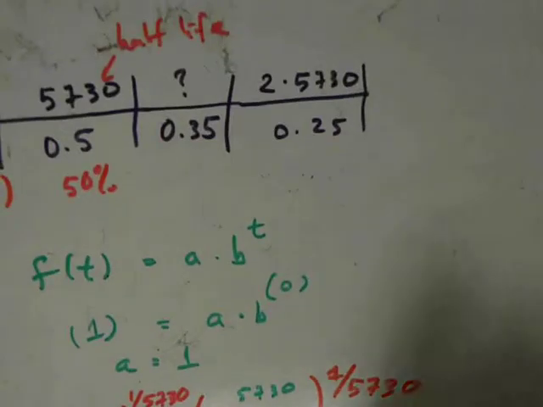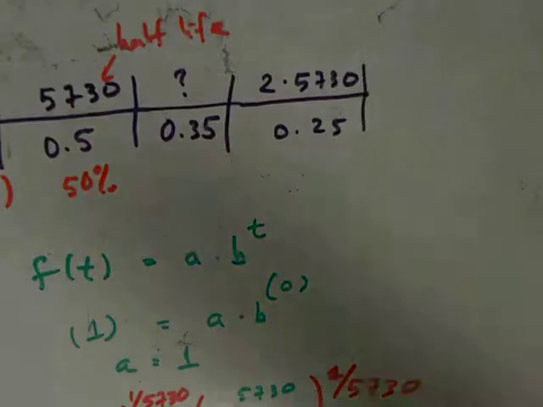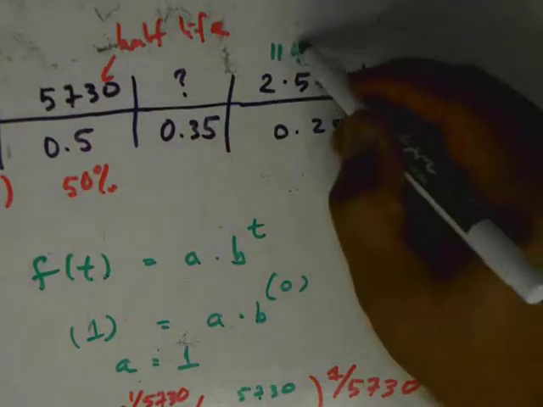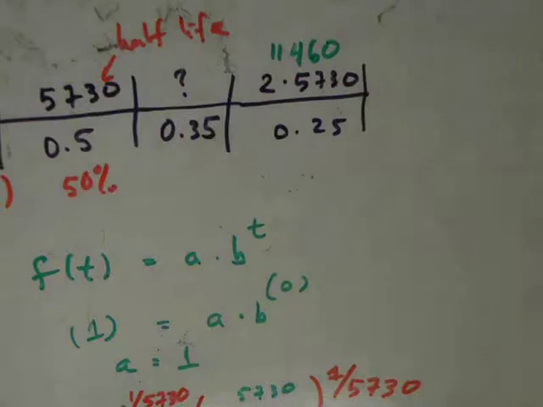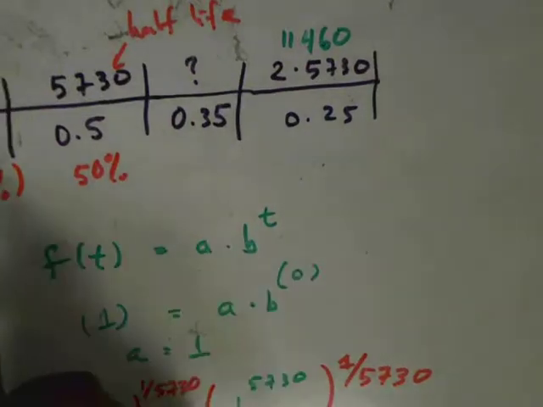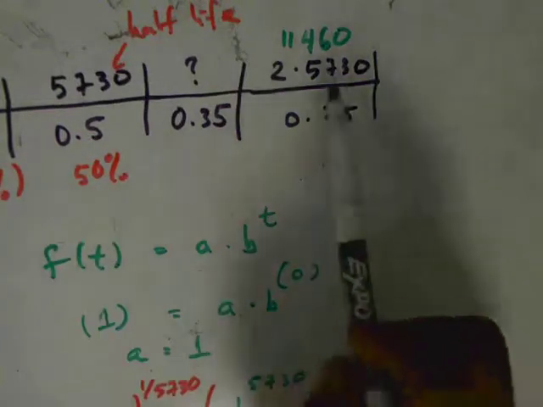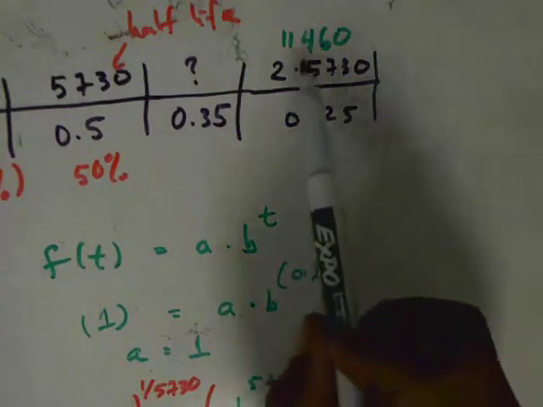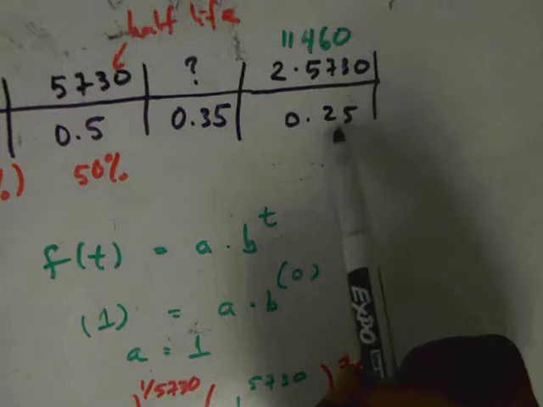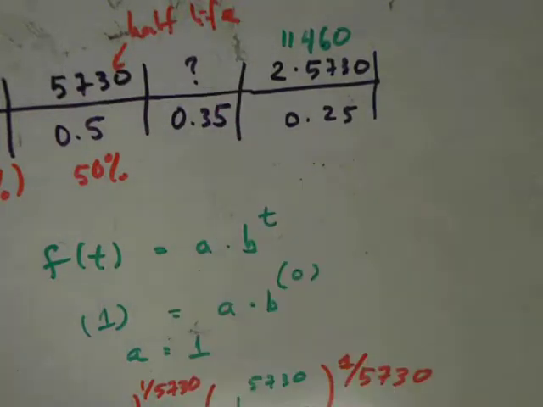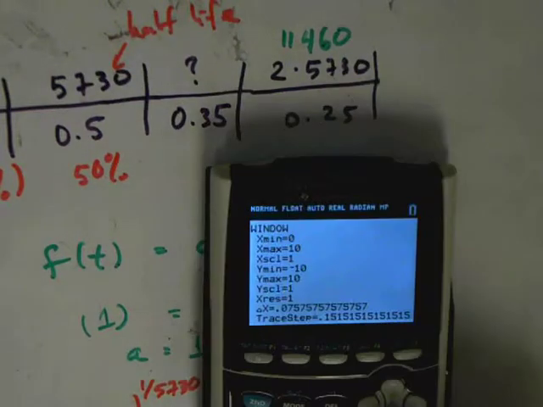Well, it's not going to go higher than this number here, 11,460. When time is 11,460 years, the amount is already down to 25%. So when it's 35%, it's going to be a little bit shorter than that. So that's the biggest number that it can possibly get for this particular problem.